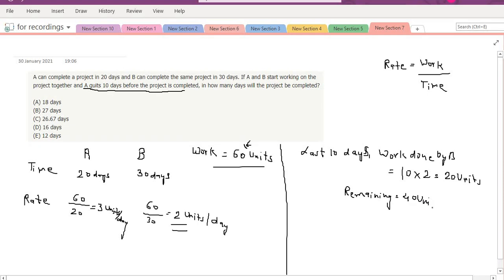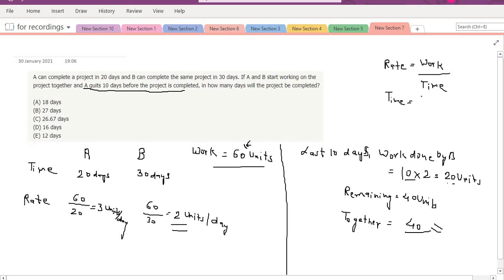So they worked together to finish these 40 units of the job. When two people work together, their rates get added. Now I'm looking for time here: the time taken for them to finish these 40 units of work, because the last 20 took 10 days.